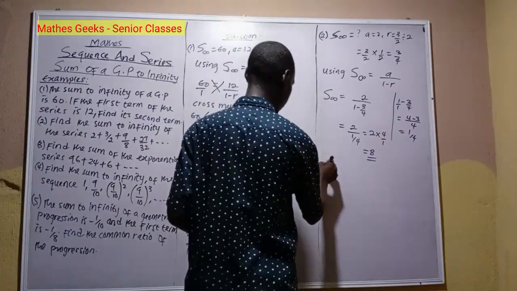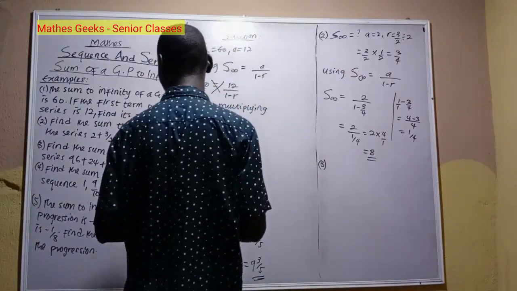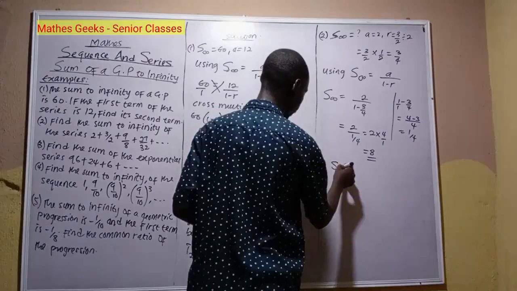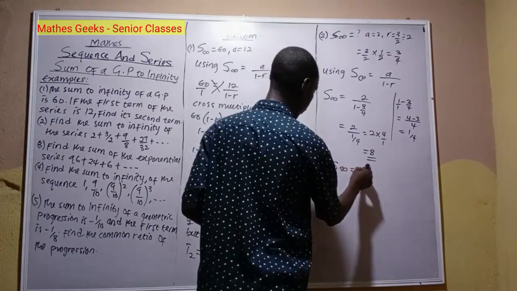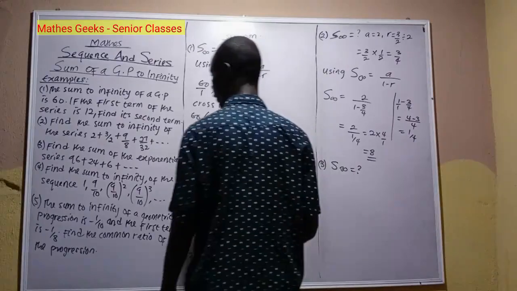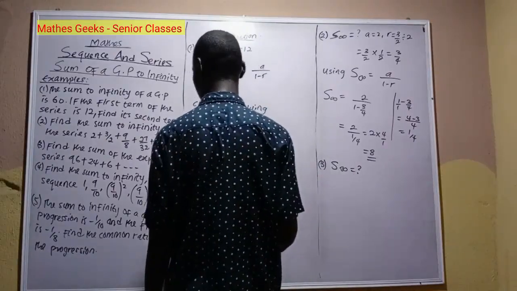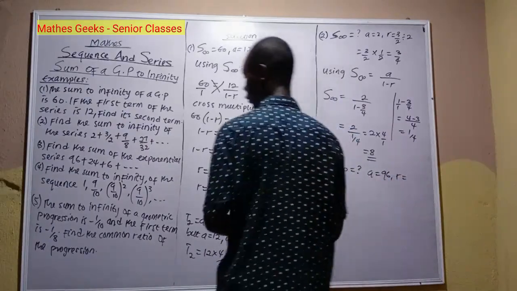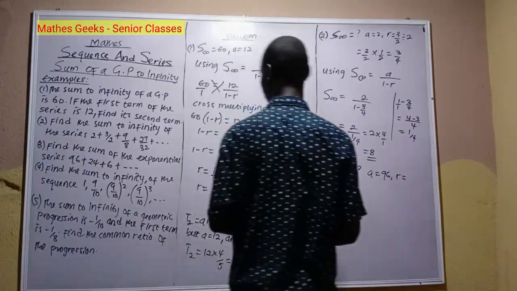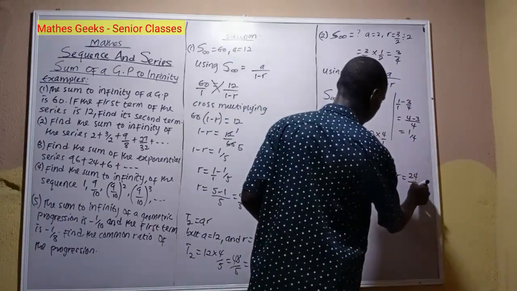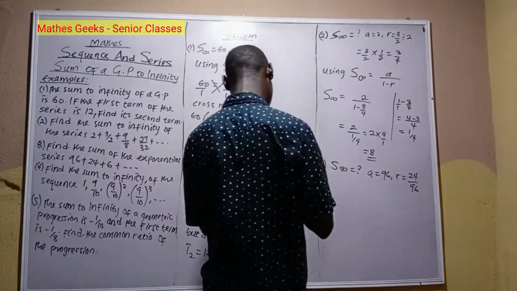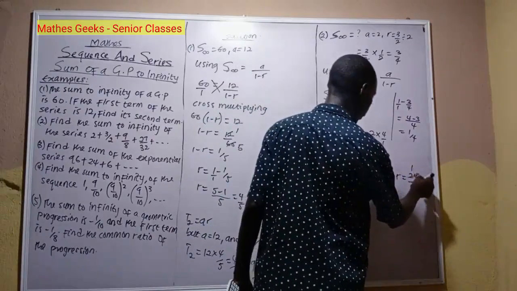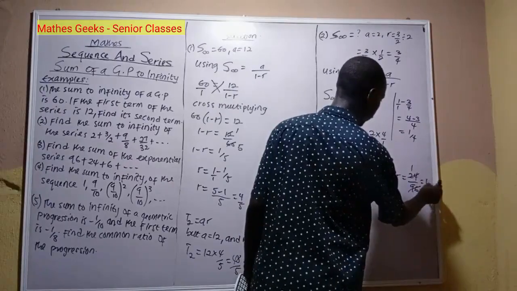Number 3. Find the sum to infinity of the series. The first term is 96 and the common ratio is equal to 24 divided by 96, which is 1 over 4.